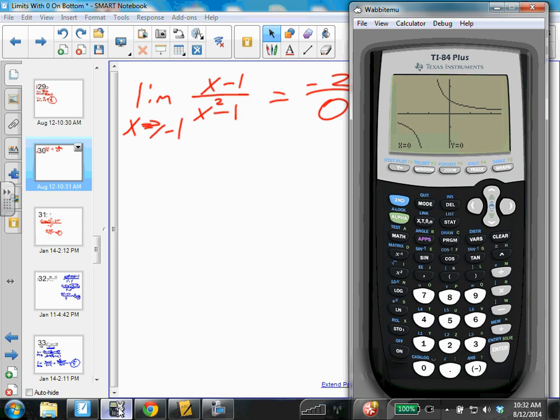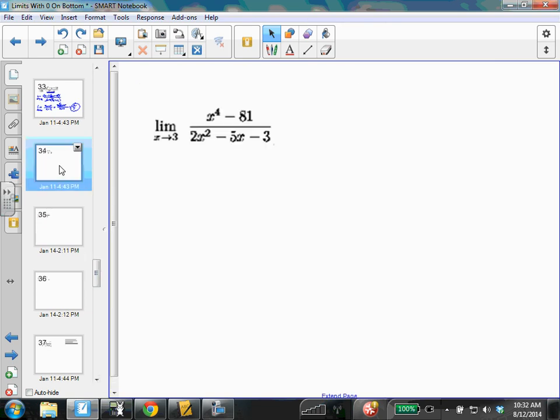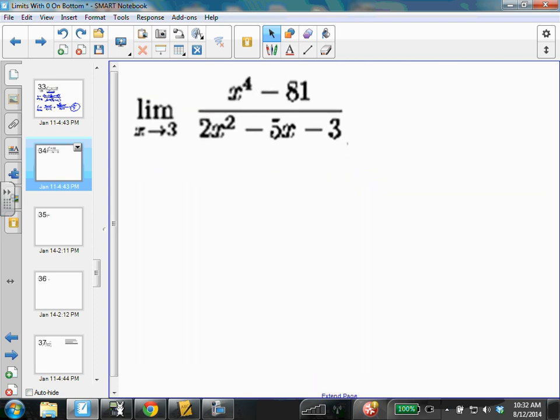A number over 0. There's one of them that I want to skip in a little while, but this is not it. This is just going to require some factoring.